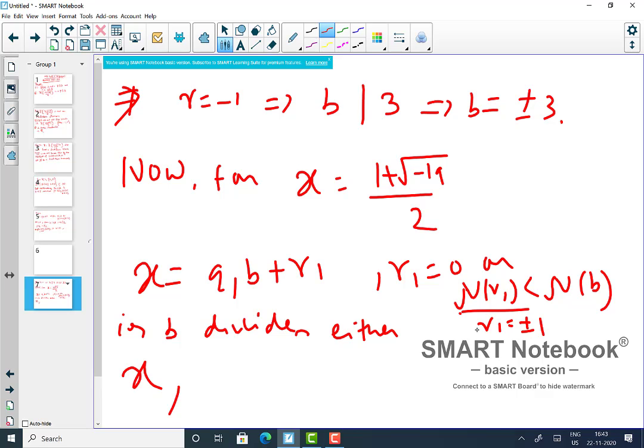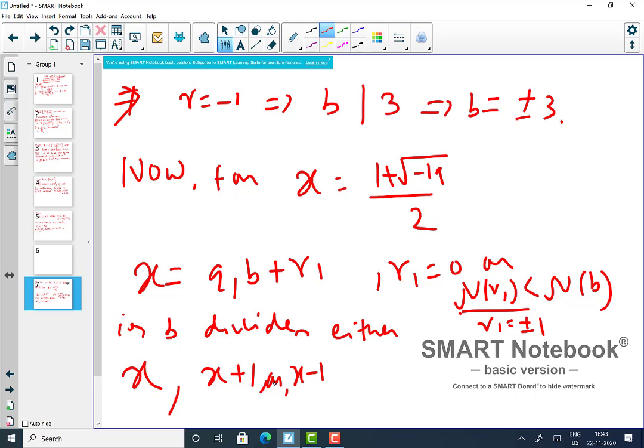In that case the option is that B divides either x, or x plus 1, or x minus 1. These are the only options.